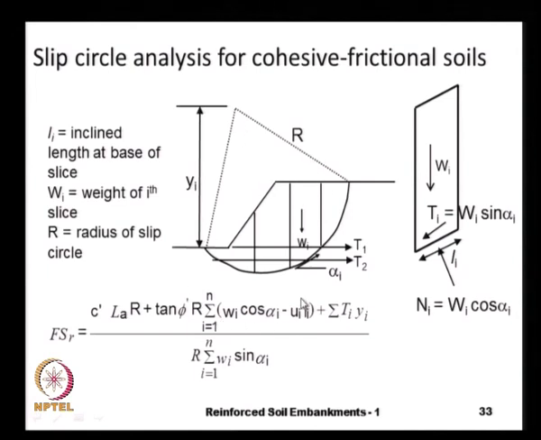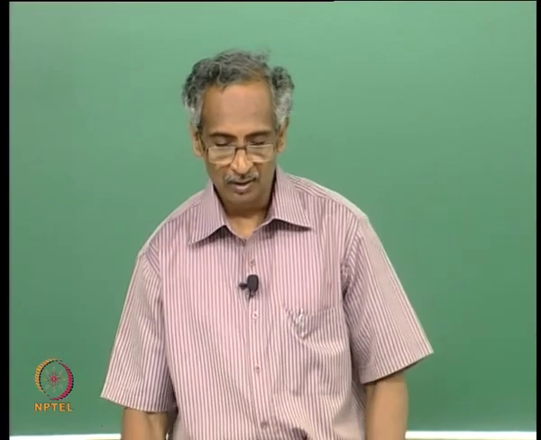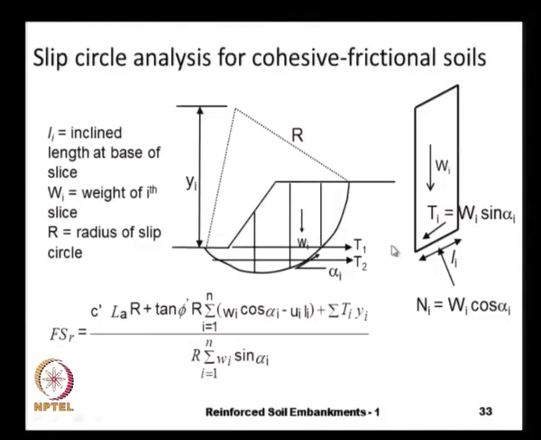And together with this we add the resistance that we get because of the reinforcement layers, and if we provide multiple layers, we do a summation, the T multiplied by either the vertical height yi or the radius, depending on the type of reinforcement that we provide, either rigid reinforcement or flexible reinforcement.